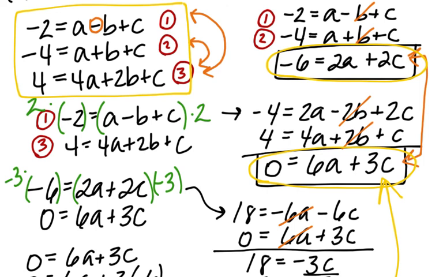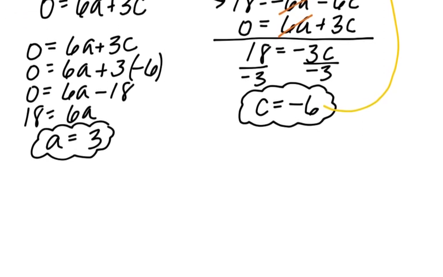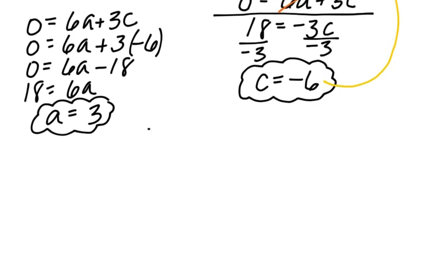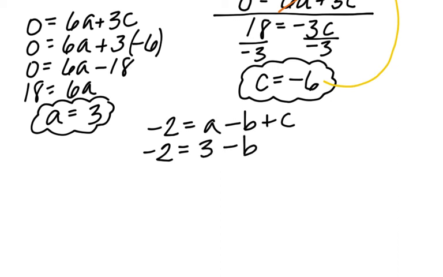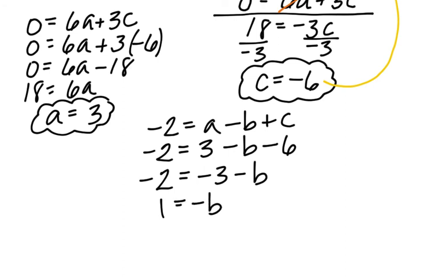So I'm going to choose negative 2 equals a minus b plus c. We found a to equal 3. We found c to equal negative 6. So finishing our algebra here, and it appears that b should equal negative 1.